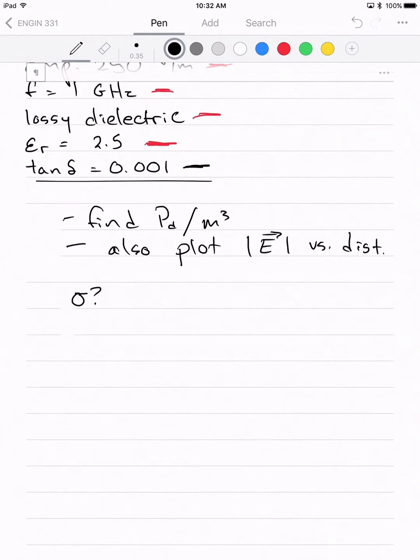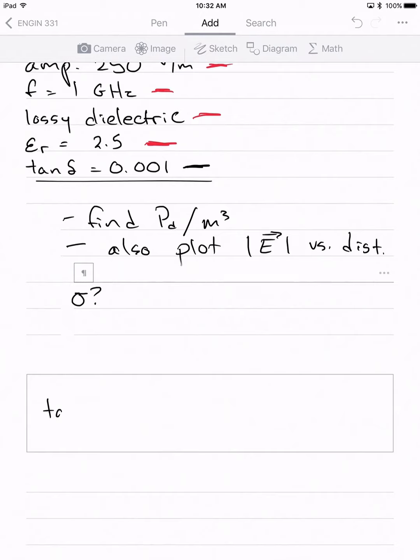So let's use the relationship between the loss tangent and the material parameters. Loss tangent is equal to epsilon double prime over epsilon prime, which is, unless we have a complex epsilon for other reasons, going to be sigma over omega epsilon, which is sigma over omega epsilon naught epsilon r for us.